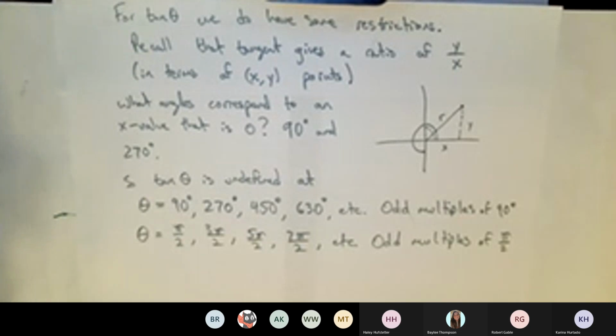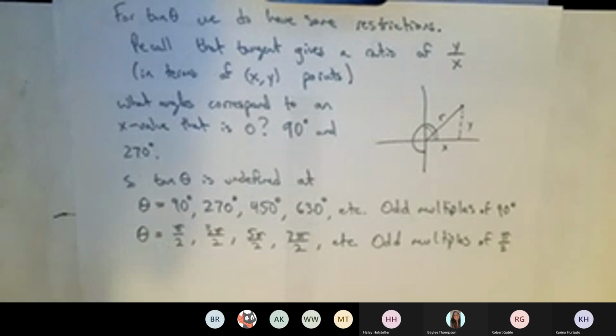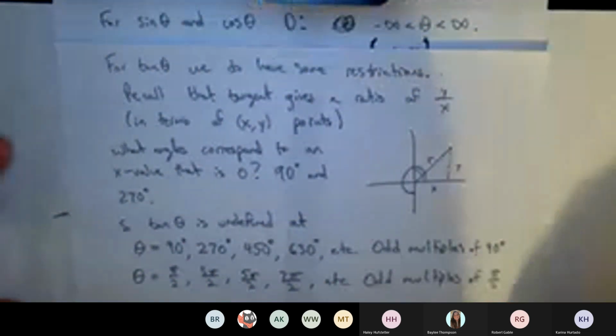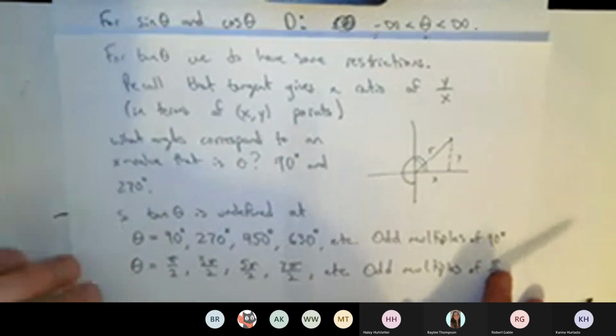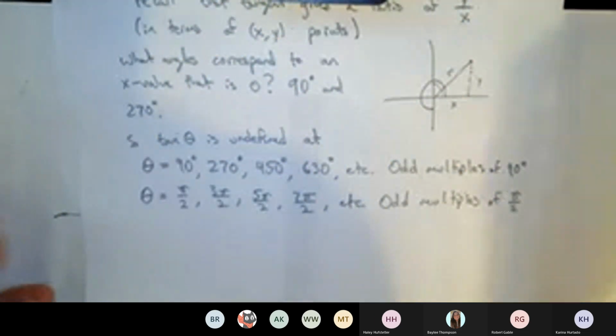Okay, so tangent is undefined at those angles, and you can confirm with your calculator. If your calculator's in degree mode, tell it to do tangent of 90 degrees and it'll say no. It refuses to do it. Okay, so we see that so far sine and cosine have unrestricted domains, and tangent has a slightly restricted domain. It has holes in its domain.